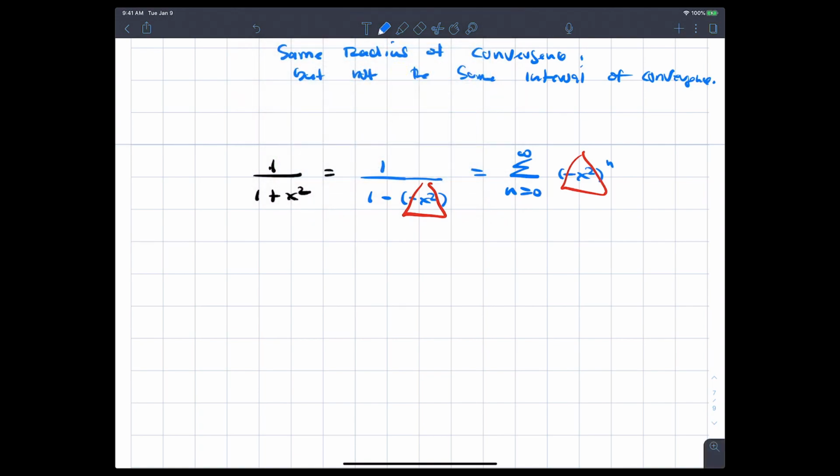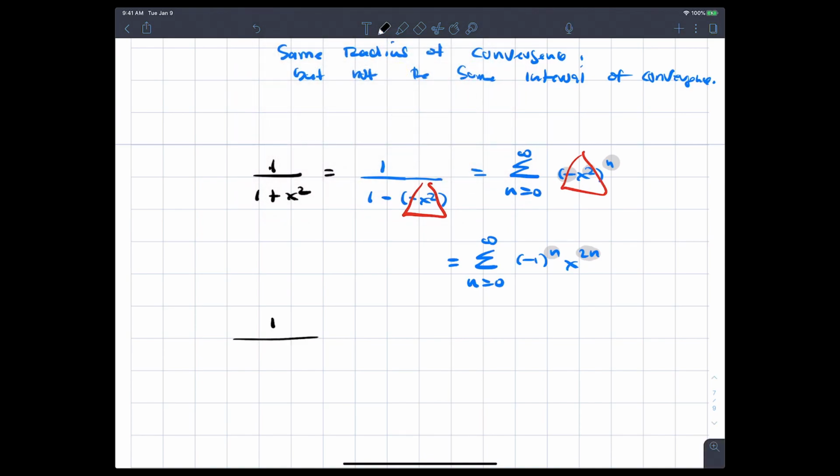And the power series expansion here is going to be, by properties of exponents, we're going to distribute that power of n to a negative 1 and to the x squared. So that makes it now 2n and n. So it's alternating. And this is the expansion.